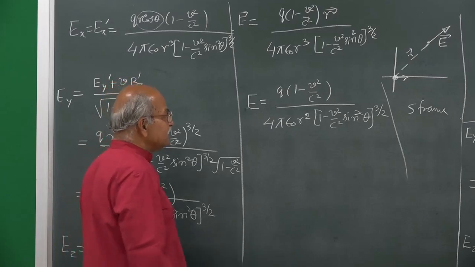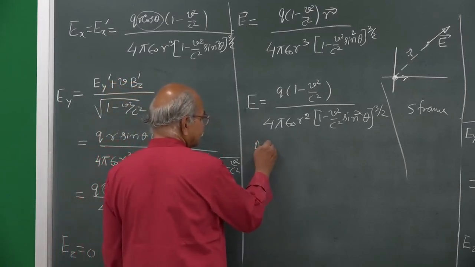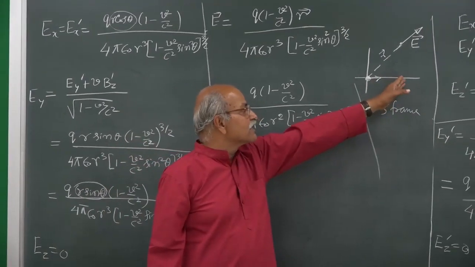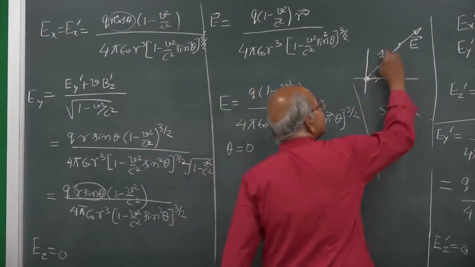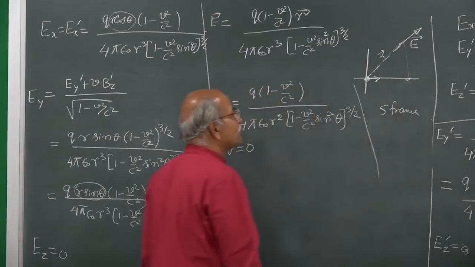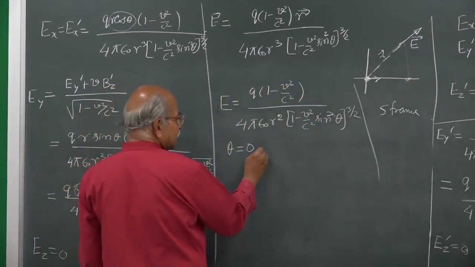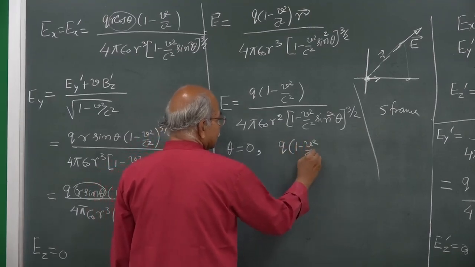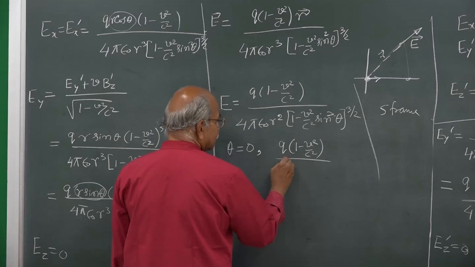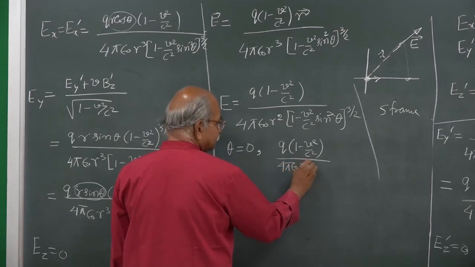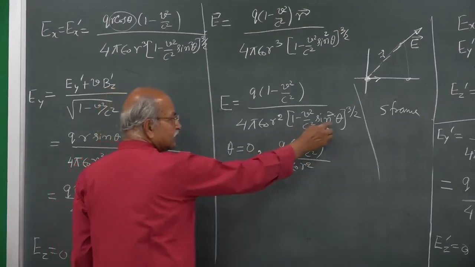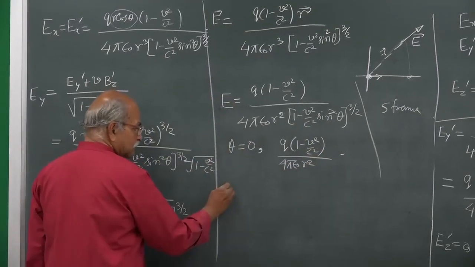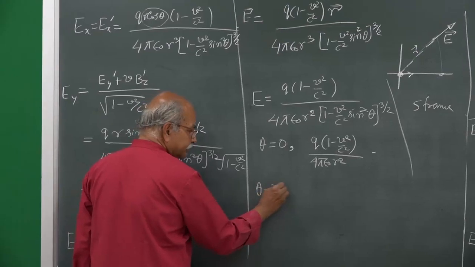So, if theta is say 0, that means you are looking at the field in the forward direction, somewhere here, at the same distance, then it will be q times 1 minus v square by c square divided by 4 pi epsilon naught r square. Theta is 0, sin theta is 0, so this is 1, so this is the field. But what if theta is pi by 2?